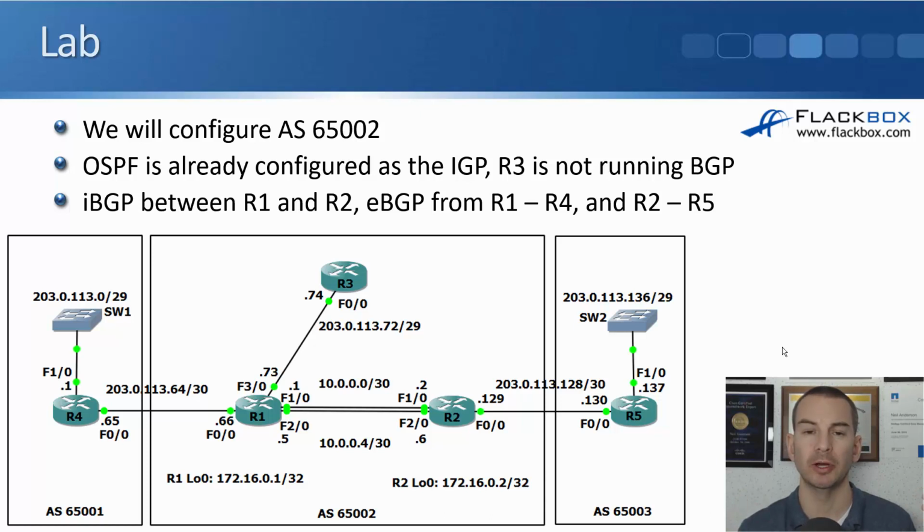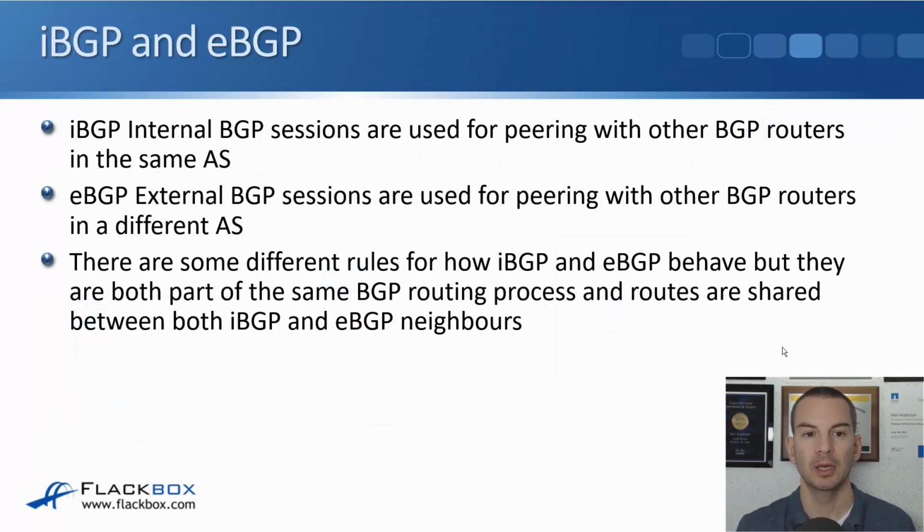So we're going to configure BGP between our two routers, R1 and R2, and we're also going to configure BGP from R1 to R4 and R2 to R5. When you're configuring BGP internally between your own routers, it's iBGP, for internal BGP. When you configure BGP to another AS, that's eBGP, external BGP.